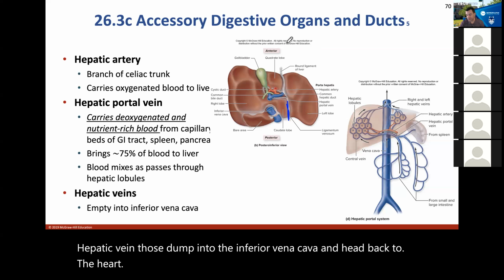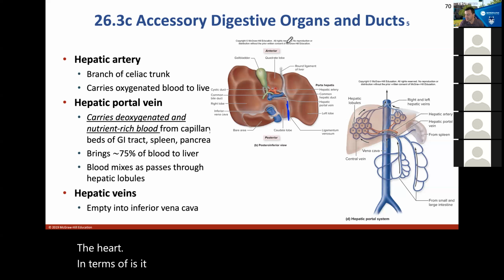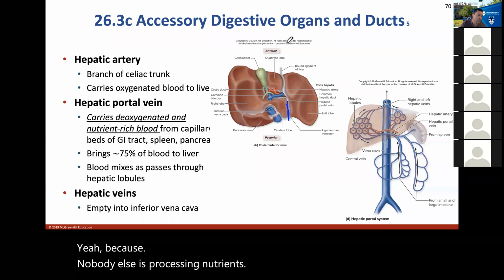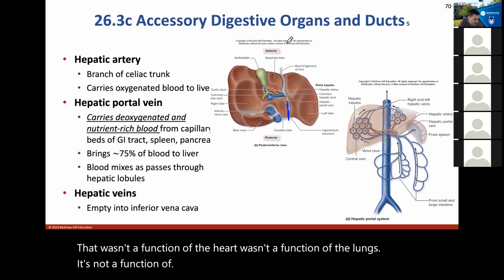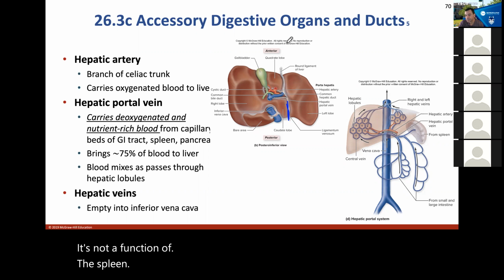In terms of, is it unique? Yeah, because nobody else is processing nutrients. That wasn't a function of the heart, wasn't a function of the lungs. It's not a function of the spleen, stomach. So yeah, I guess it's unique in that regard.